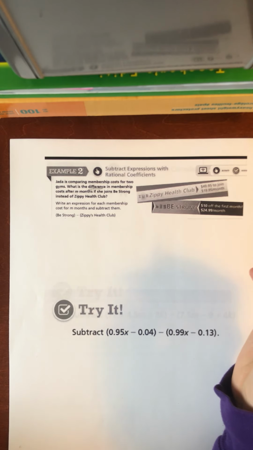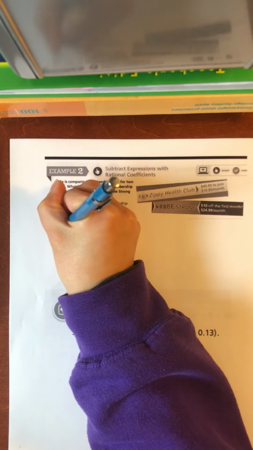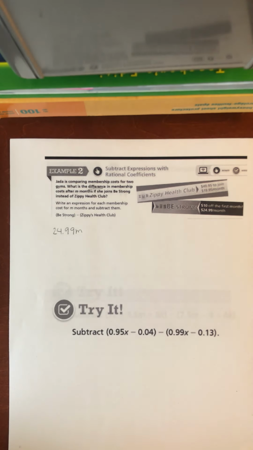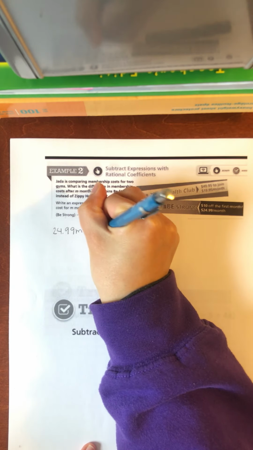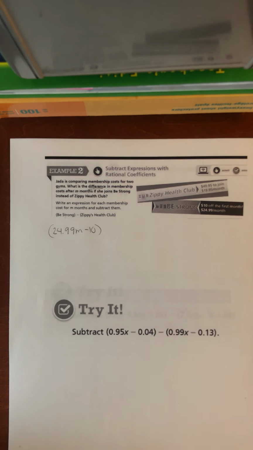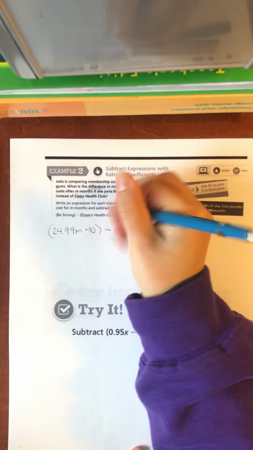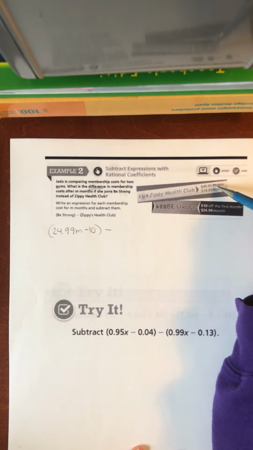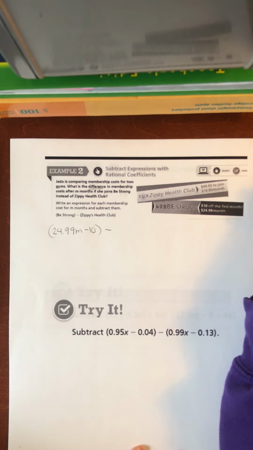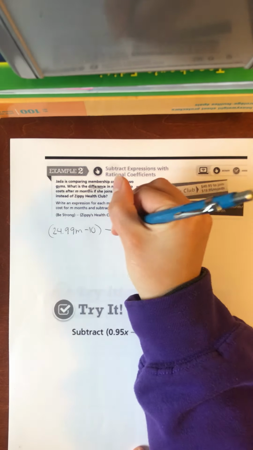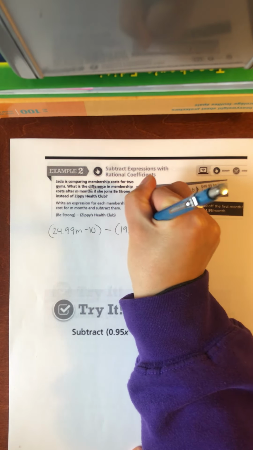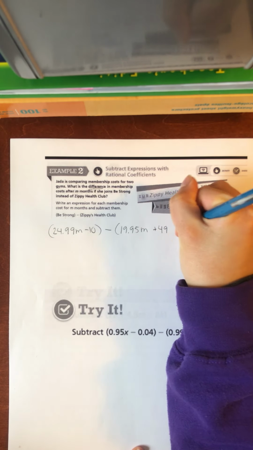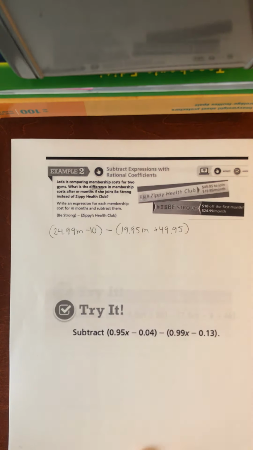So what it's going to be is 24.99M, 24.99 per month, minus $10 for that first month. And then we're going to subtract, because we're finding the difference, Zippy Health Club. That's $49.95 to join and $19.95 per month, so 19.95M plus the $49.95 to join.